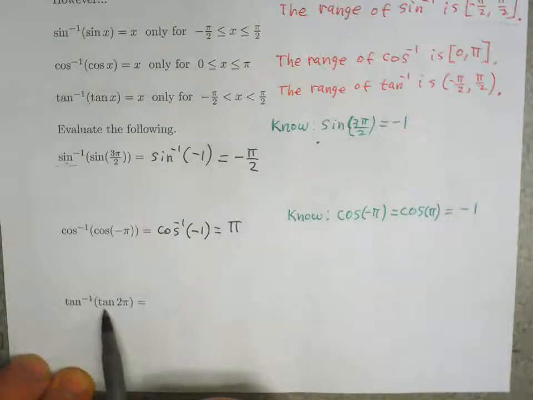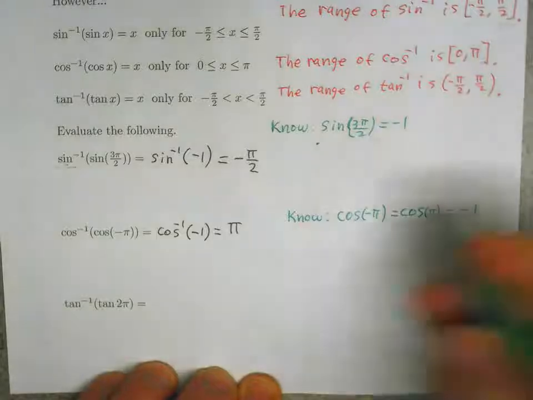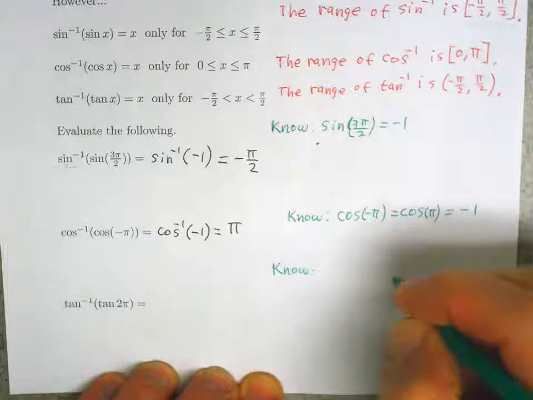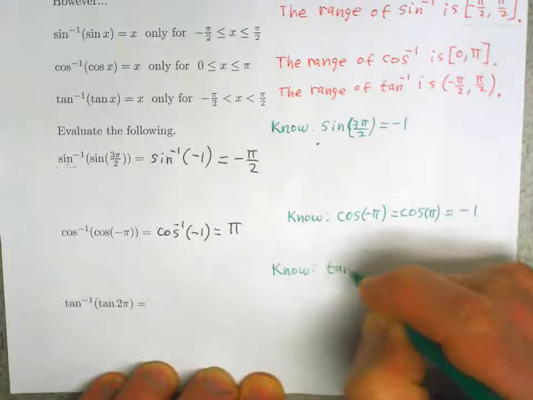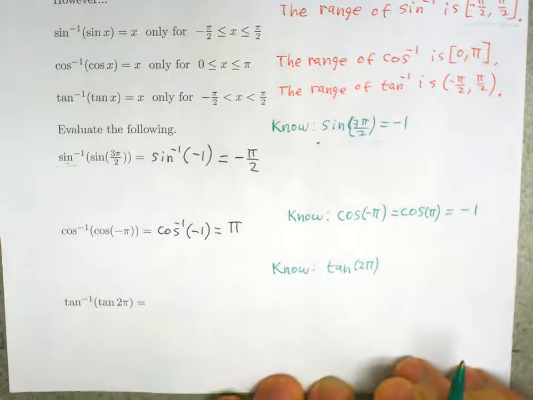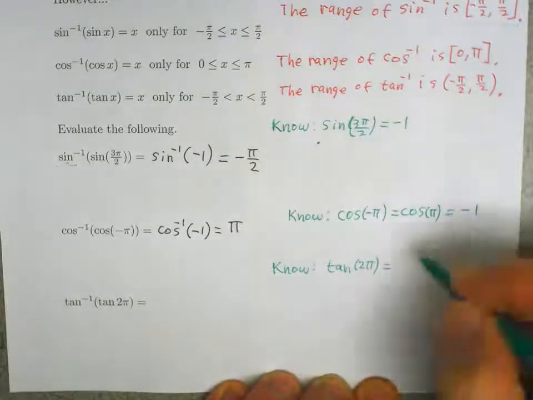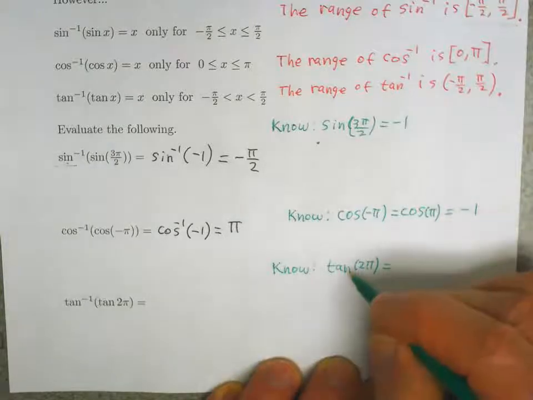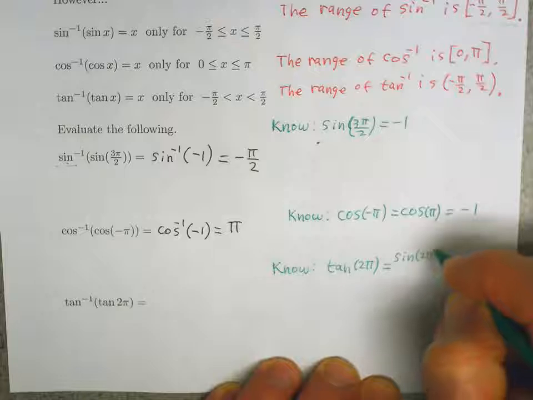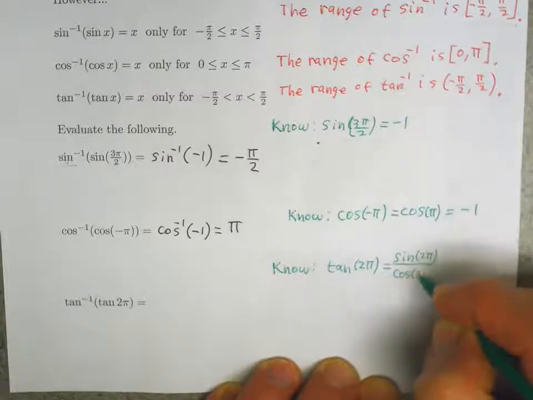Well, we do know that tangent of 2 pi, we can think of this in a couple of ways. Remember that tangent is sine over cosine. So tangent of 2 pi is sine of 2 pi divided by cosine of 2 pi.